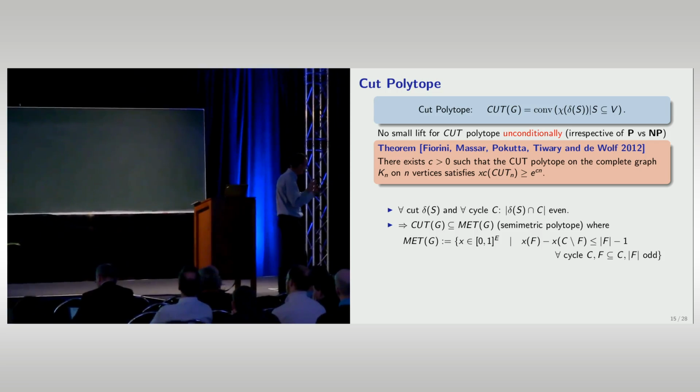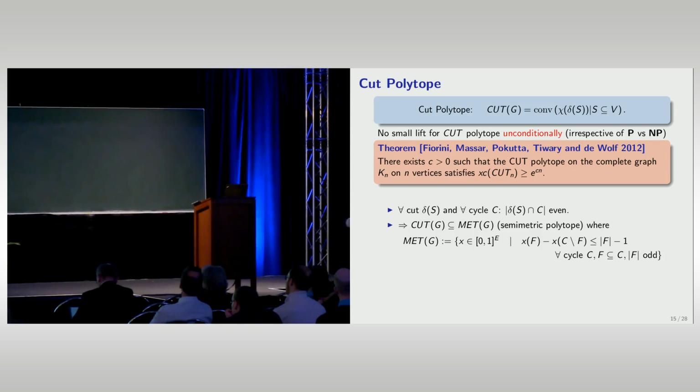There is an easy one to describe, called the semimetric polytope, and it's motivated by the fact that if you look at a cut and say that for two vertices across the cut the distance is 1, and for two vertices on the same side of the cut the distance is 0, that's a semimetric.